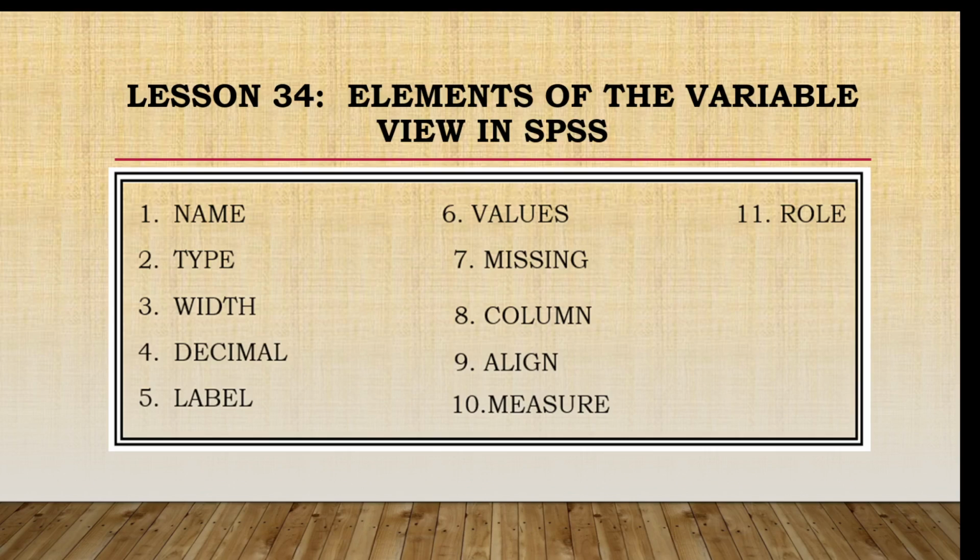This view contains the name of the variable, the type, the width, the decimal place in case the variable is numeric, and the label, the values, the missing value, the column, align, and measure, and the row. So we're going to look at all of these.